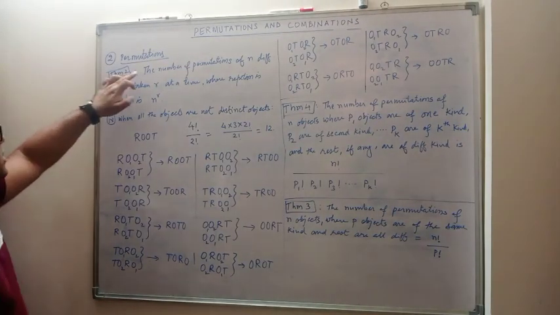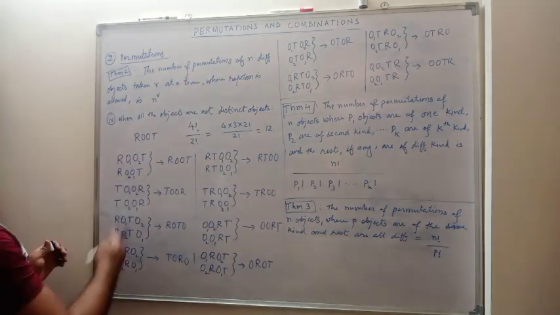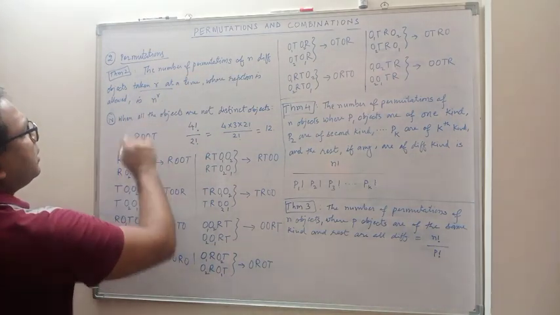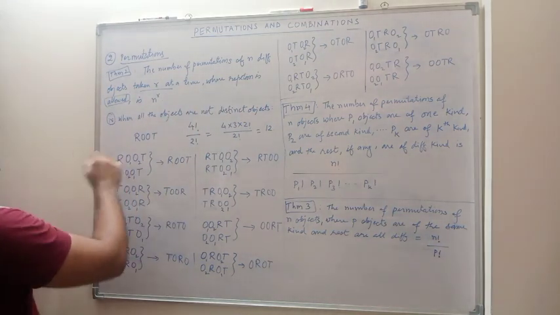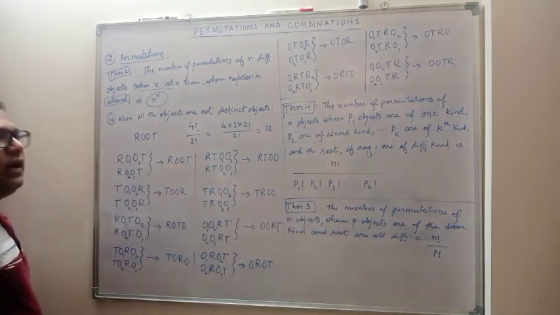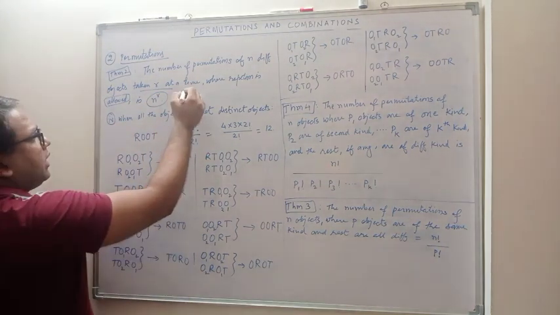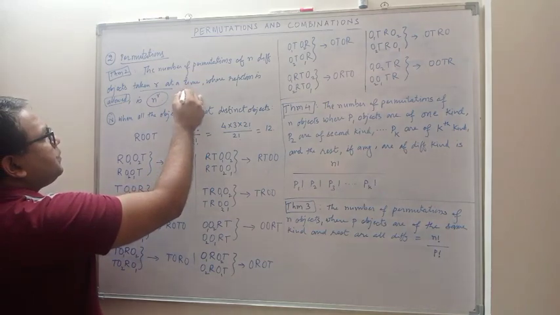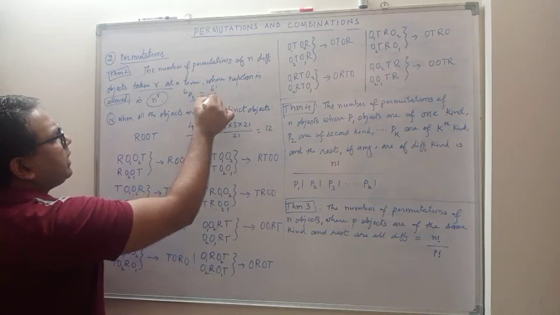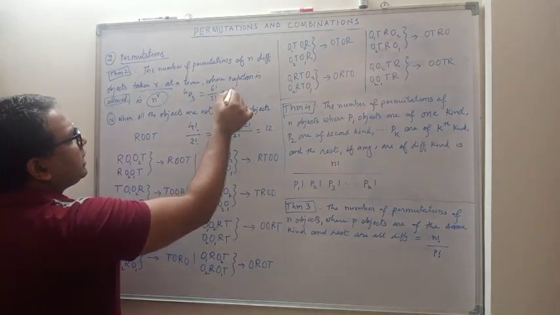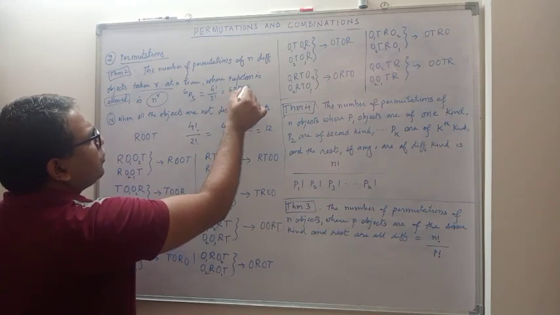Theorem 2, that is the number of permutations of n different objects taken r at a time, where repetition is allowed, that is nothing but n power r. So if we have 6p3, definitely we will be having 6 factorial divided by 3 factorial. This is nothing but 6 into 5 into 4, that is 120.